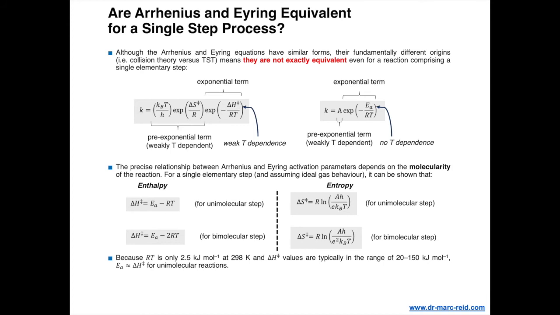And because RT is small at room temperature, only 2.5 kilojoules per mole, compared to the typical range of delta H trans values 20 to 150 kilojoules per mole, you will often see activation energy and delta H trans quoted as approximately equal at room temperature.